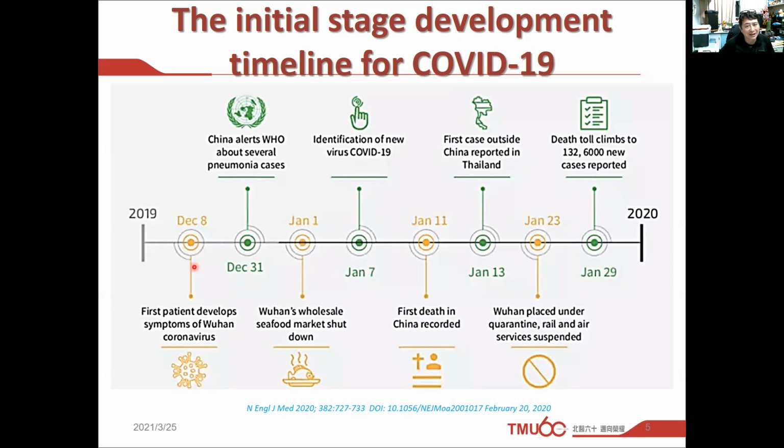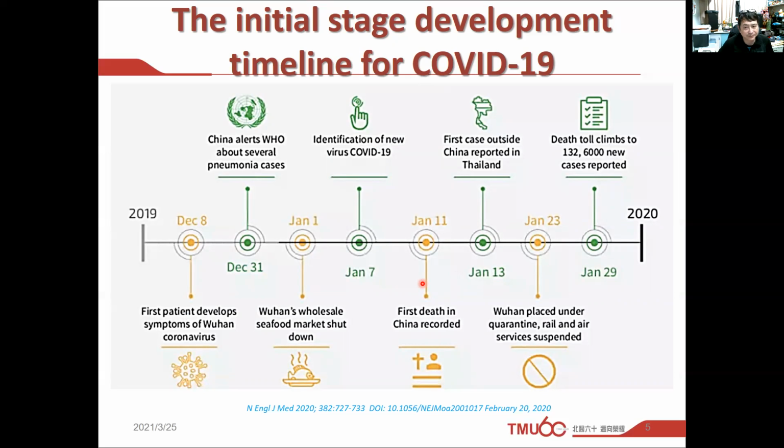And you can see that in less than 2 months, on January 29, it was reported the death toll climbed to 132, and 600 new cases were reported. This suggests this new virus is very powerful, very effective at transmitting from person to person.